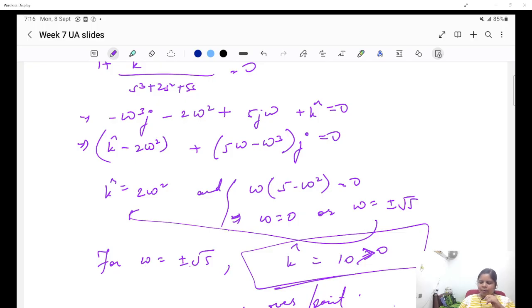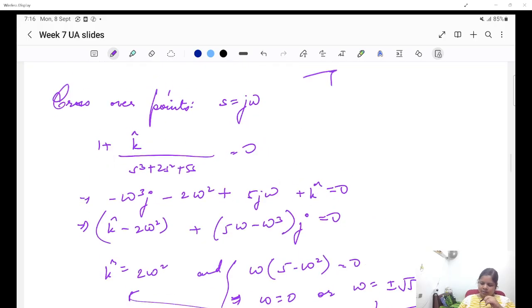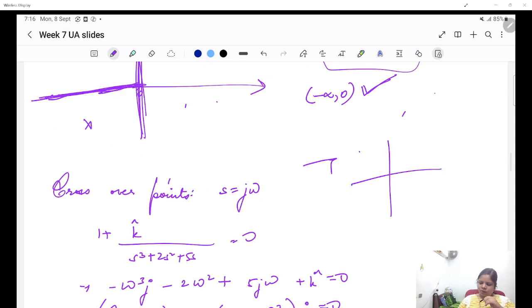I mean, this is the particular k value for crossing the imaginary axis. So if there are poles over here and here, and if they are crossing the imaginary axis, here k hat is 10 and here k hat is 10. If they move beyond this, then it is going to cause instability, right? K has to be within 10. That's right. If k hat is within the range of 0 to 10, that means it is going to lie in the left of the S plane.